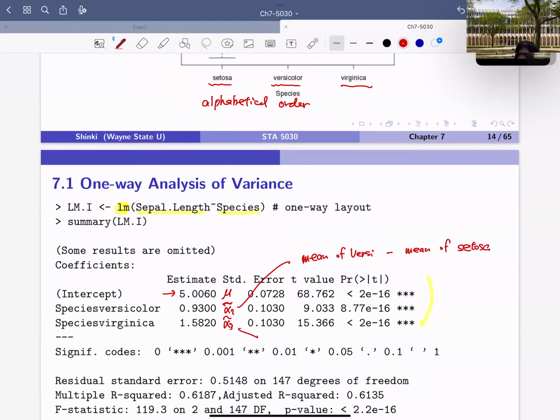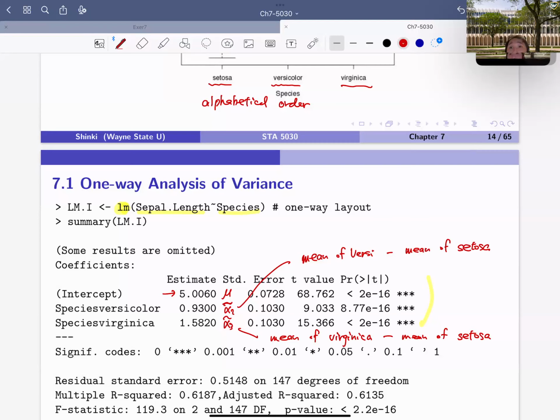And the next one is the mean of virginica minus the mean of Setosa. So Setosa is the baseline. So this is the result.